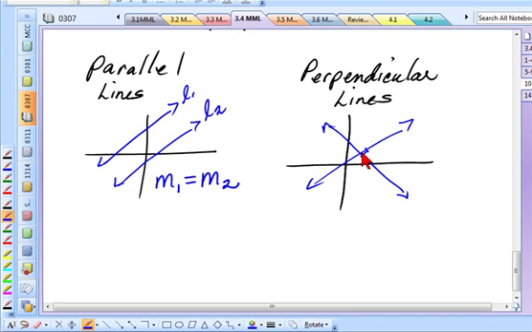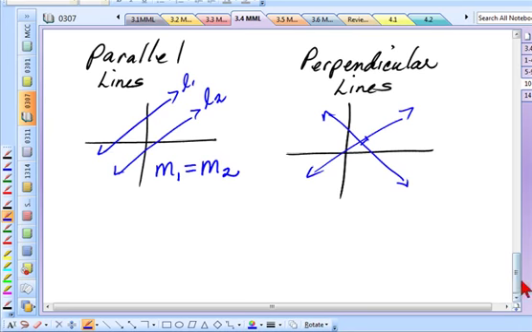Do you agree that with perpendicular lines you're always going to have one that's rising and one that's falling? So one's going to be positive and one's going to be negative. You can't just tell by looking, but their slopes are going to be reciprocals of each other. If one of them has a slope of 2/3, the other one will have negative 3/2. So they are opposite and reciprocals.